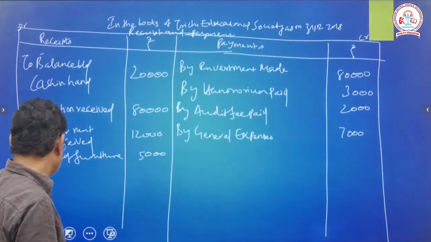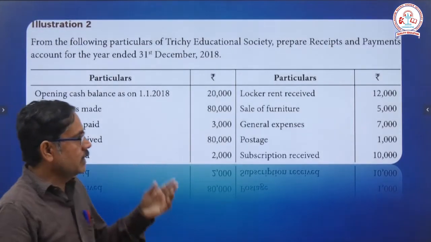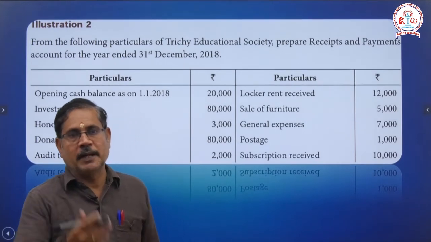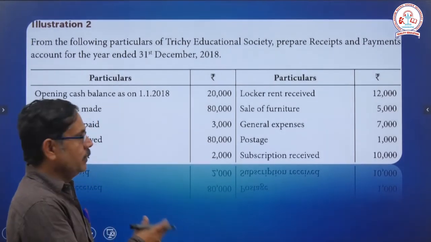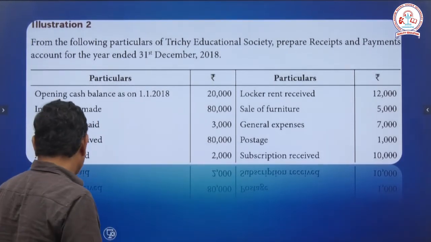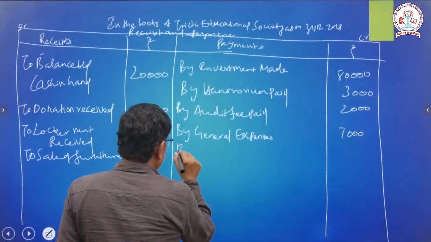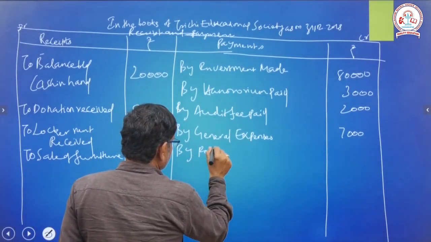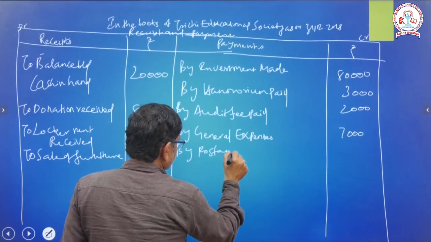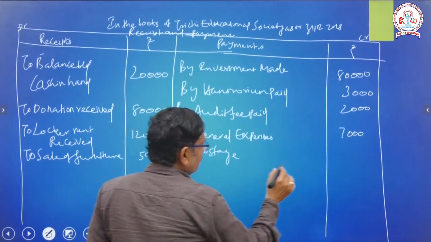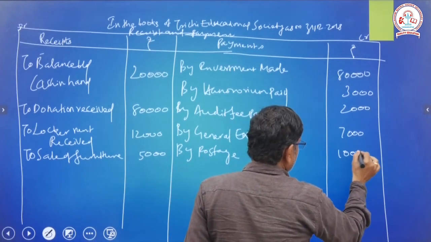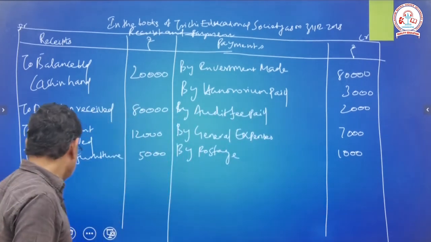Right. Next we will move on. Postage expenses rupees 1,000. We paid money, 1,000 rupees will appear in your payment side, and write the name here, by postage rupees 1,000. Right. And next we will move on.